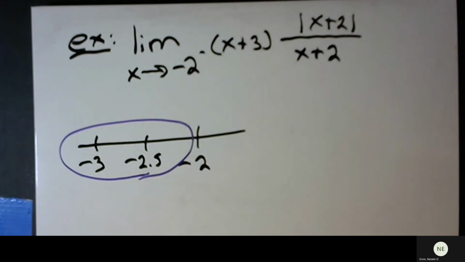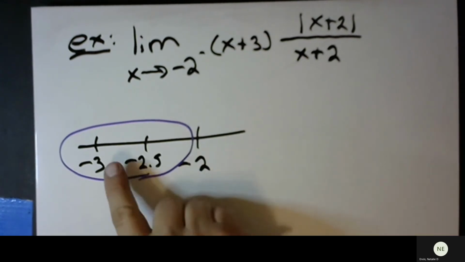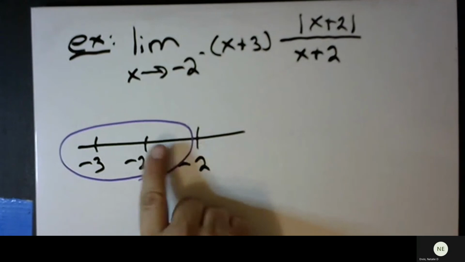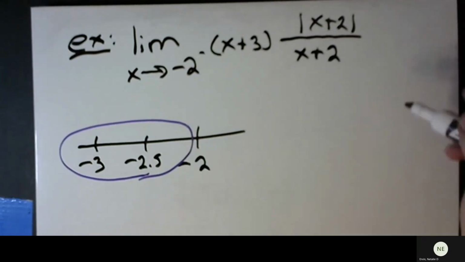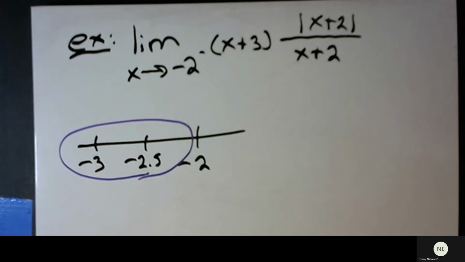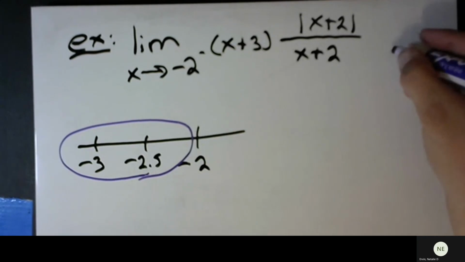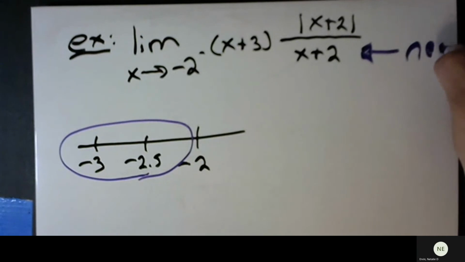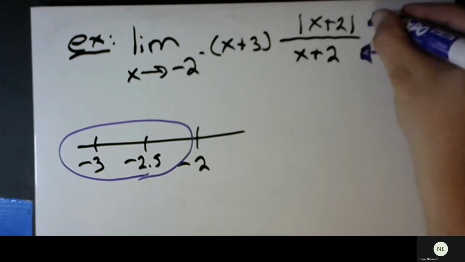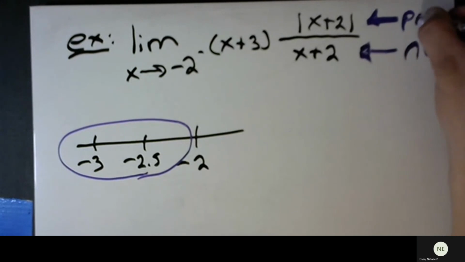So what this means is that when we're picking numbers from this side of -2 and adding them to 2, this part's going to be negative, and this part will have the same magnitude, but it's going to be positive.